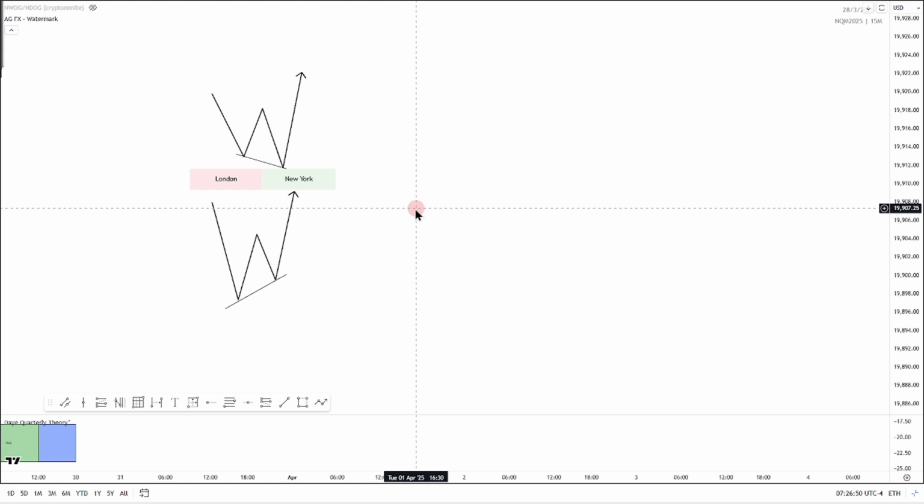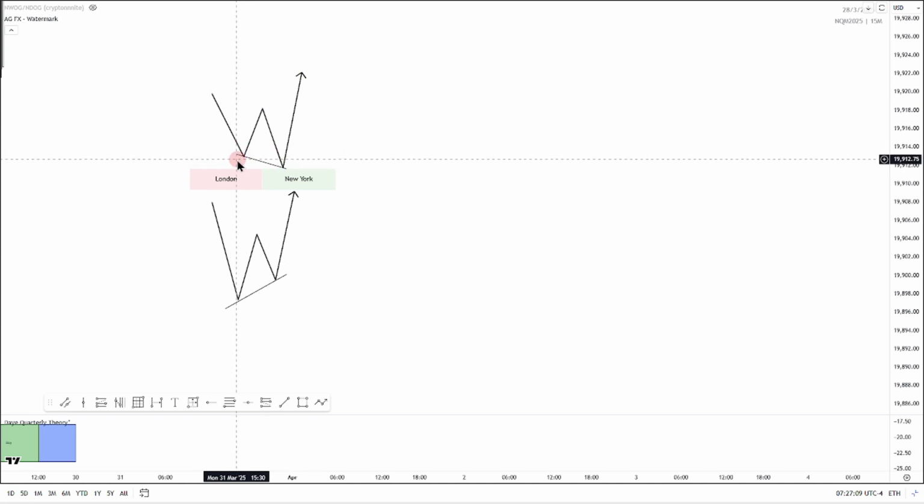Alright, so the way this trading strategy works is that we are going to look to trade during the New York session. What we want to see is that the New York session will take out the low or the high, but in this example, the low of the London session in one asset in the indices, and in another indices you see that it fails to take out that low.